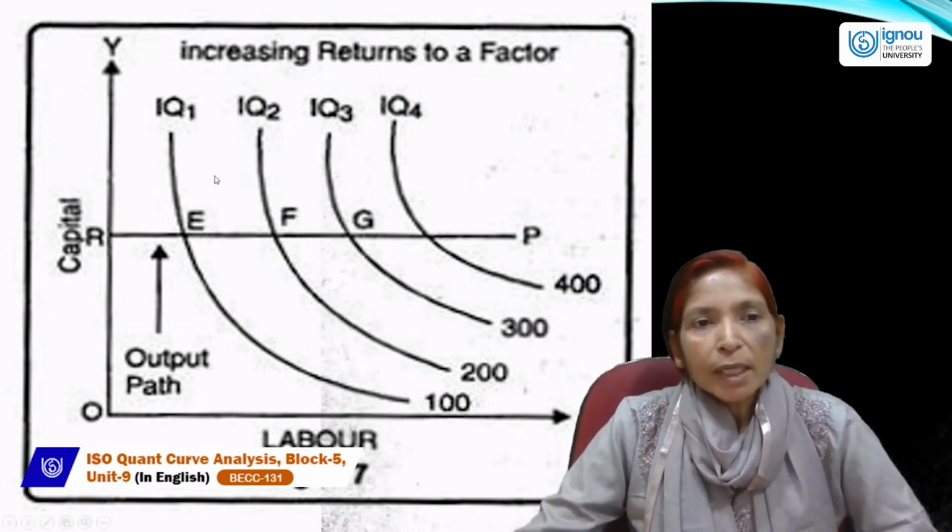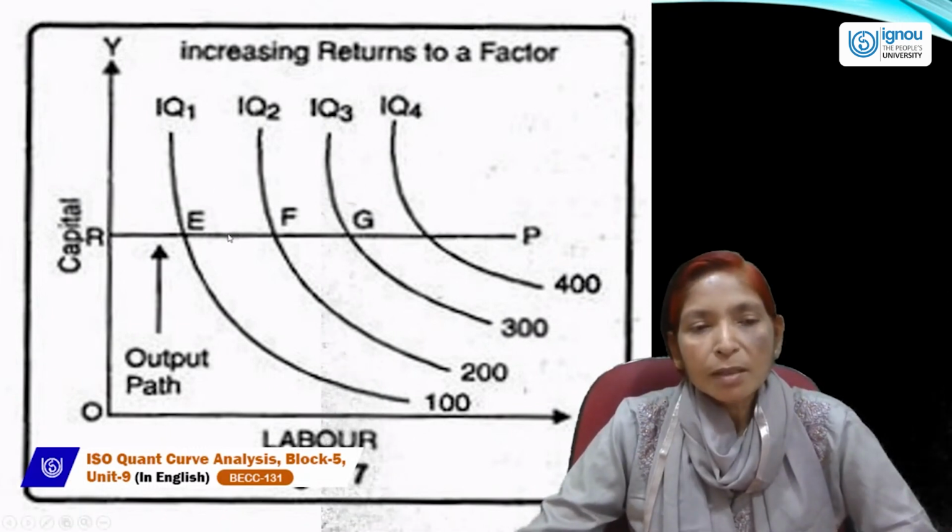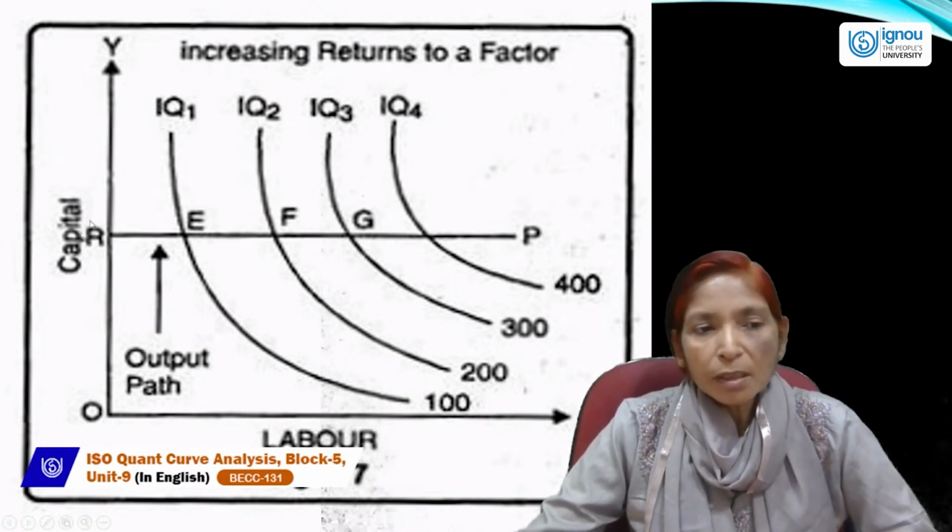So, you know that in the short run the expansion path will be a horizontal line. Here the RP line is a horizontal line which is parallel to the x-axis, indicating that we are taking the short run situation, and in the short run we can't increase a fixed factor unit like capital. We can change only the variable factor input like labor.